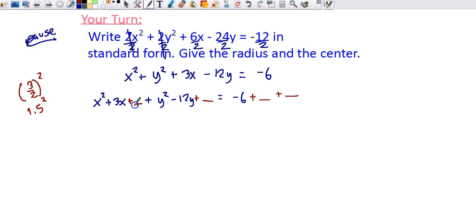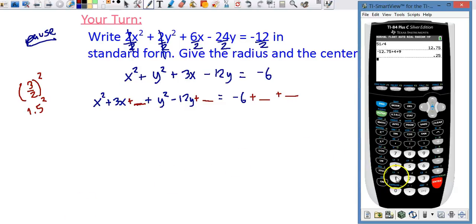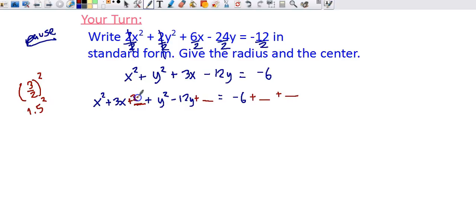So if you don't know what 1.5 squared is, you can go in here. 2.25. 12 divided by 2 squared, negative 12 divided by 2 squared is negative 6 squared. That's 36. So those are your two magic numbers, 2.25 and 36.